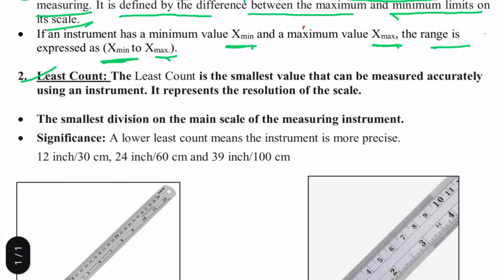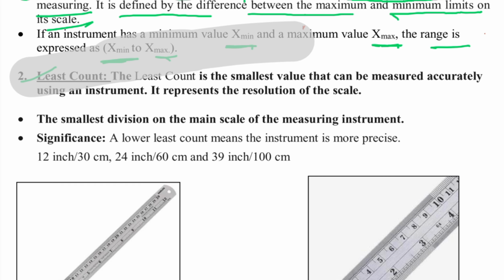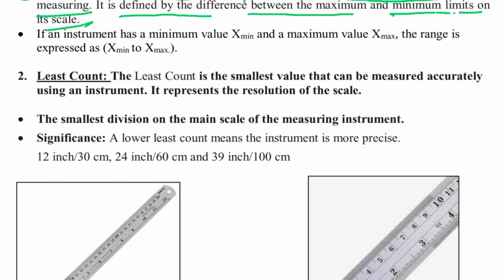Now, the second parameter is least count, right? The least count is the smallest value that can be measured accurately using an instrument. It represents the resolution of the scale, right?